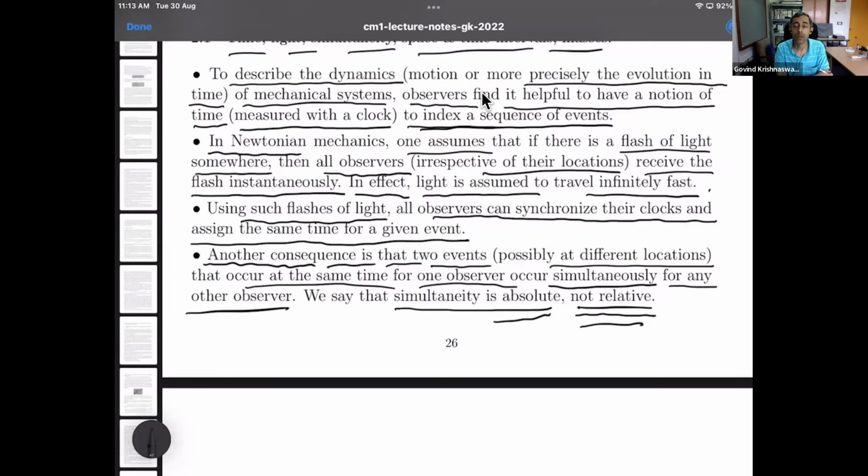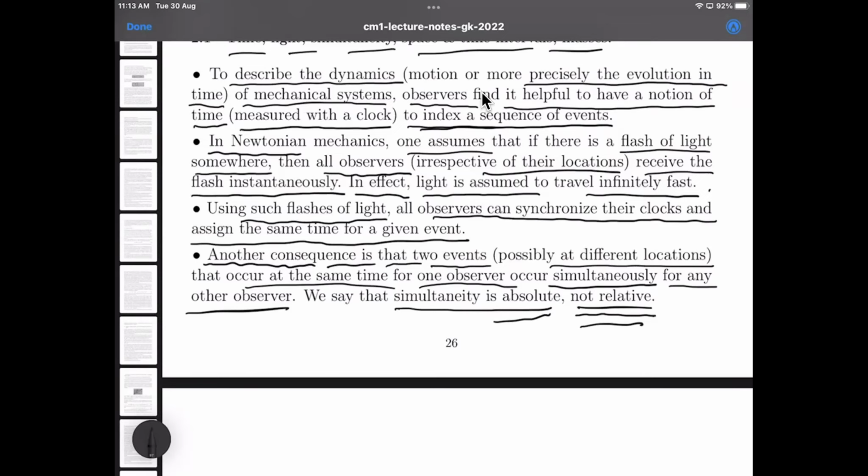That means that even if one happened in Chennai and another happened in Kolkata, and I say they happened simultaneously, it's because the light from Chennai reached me instantaneously, just as the light from Kolkata. The distance doesn't matter because light travels infinitely fast. So distance simply does not matter.